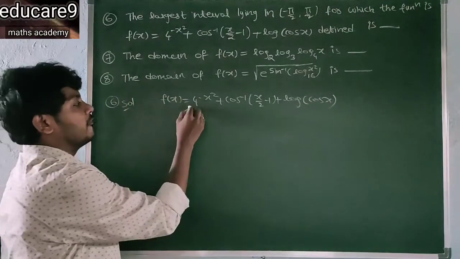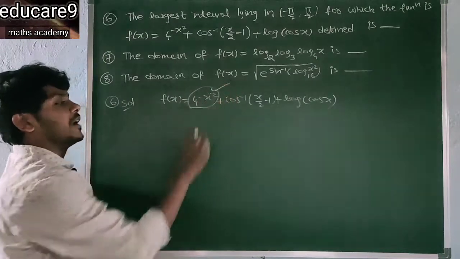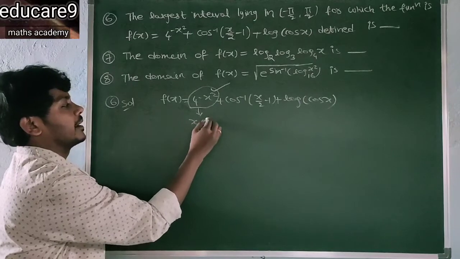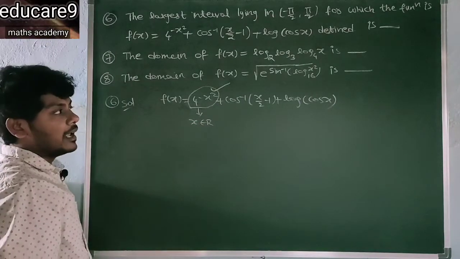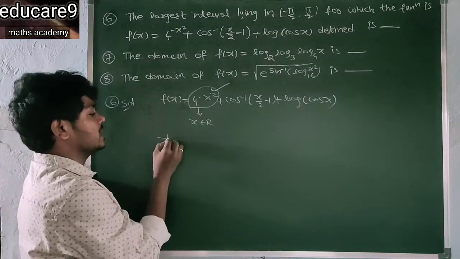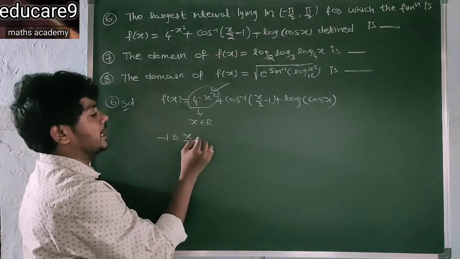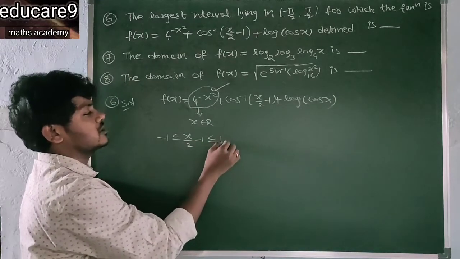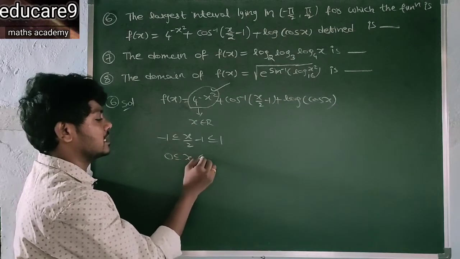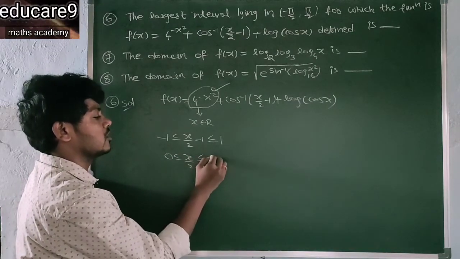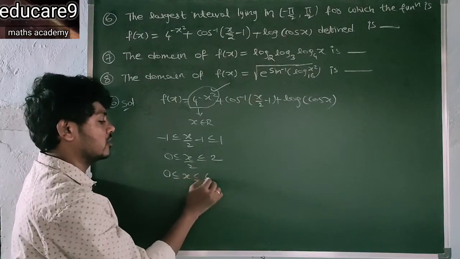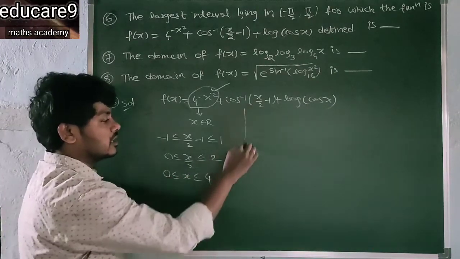Clearly for every value of x, the first term is defined, so the domain of this function is x belongs to R. And for cos inverse, it is defined for minus 1 less than or equal to x by 2 minus 1 less than or equal to 1. Now this is 0 less than or equal to x by 2 less than or equal to 2, that is 0 less than or equal to x less than or equal to 4. So this is the domain of this function.